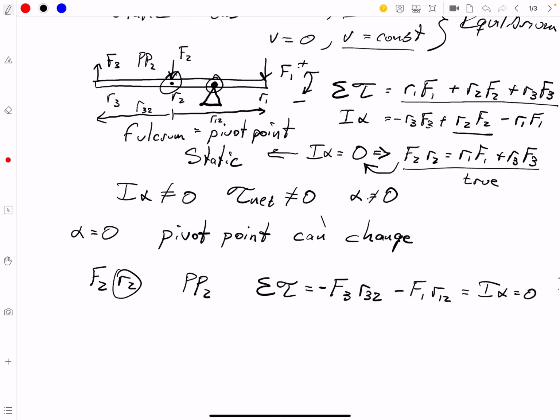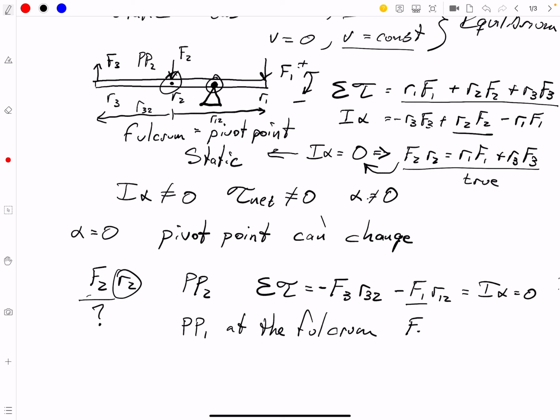Because we didn't know anything about that. This was a question mark. Now we can figure out some things. Maybe we didn't know this one, and we can figure that out. And we do, and then we can go back and change our pivot point back to pivot point 1 at the fulcrum. Why doesn't this one show up in our sum of the torques?